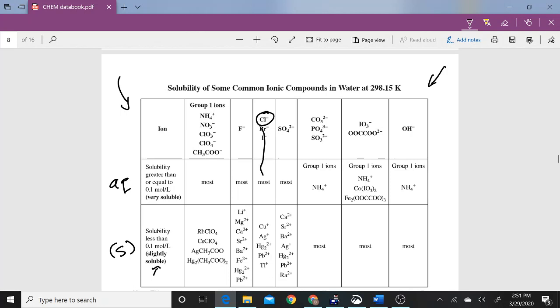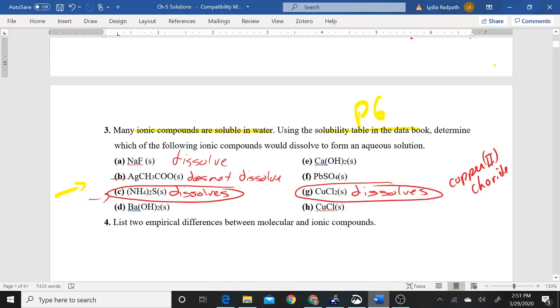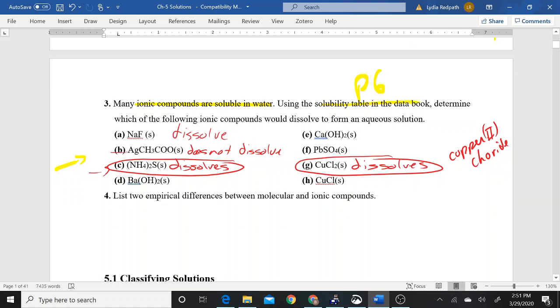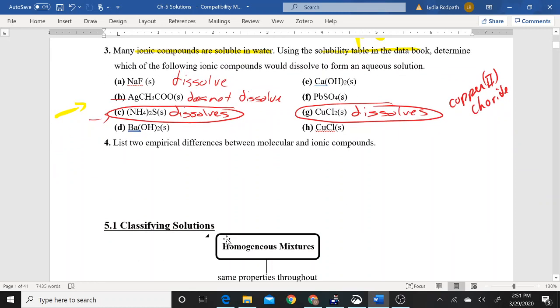I keep going. It looks like copper 1, if I find copper 1 right here, would not dissolve very well. But we're not really looking at copper 1. We're looking at copper 2. Copper 2 actually falls under most, which means it's going to be very, very soluble. So again, C and G are the ones that actually dissolve out of the other ones that are left over.